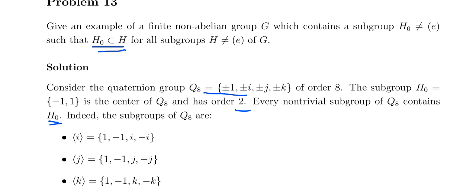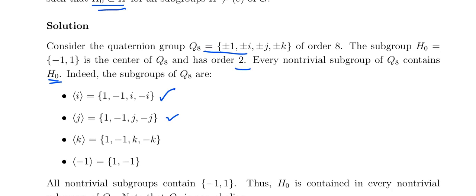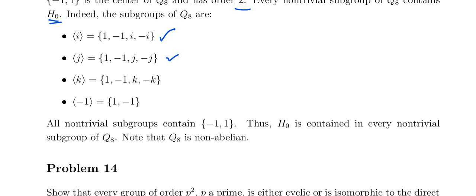Am I correct? Every non-trivial subgroup of Q8 contains H0. The subgroups of Q8 are generated by i, j, k and -1. All non-trivial subgroups contain {-1, 1}. So H0 is contained in every non-trivial subgroup of Q8. So Q8 is non-abelian.